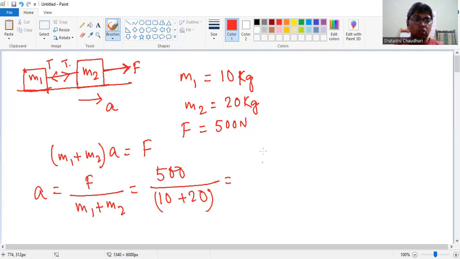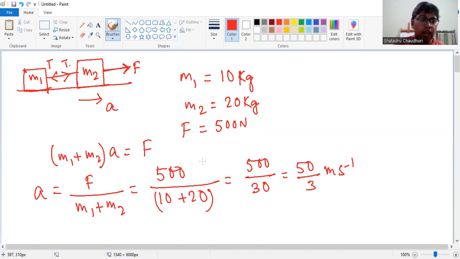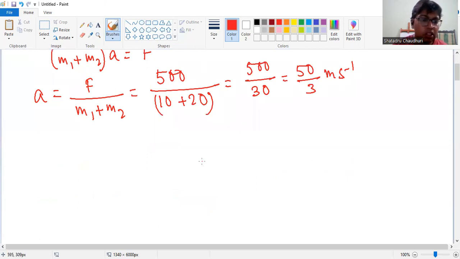So it will be 500 by 30, so 50 by 3 meter per second square. Now the acceleration will be 50 by 3 meter per second square. So if the acceleration is this, then what will be the tension on the system?